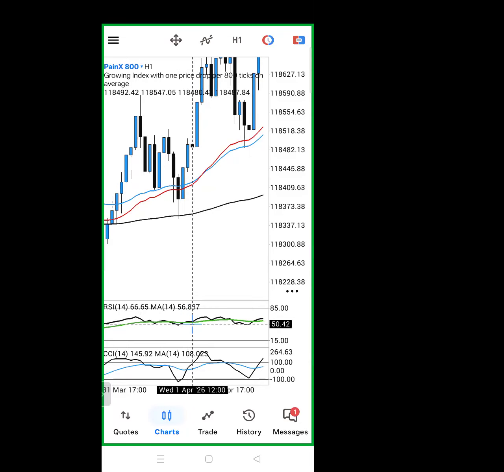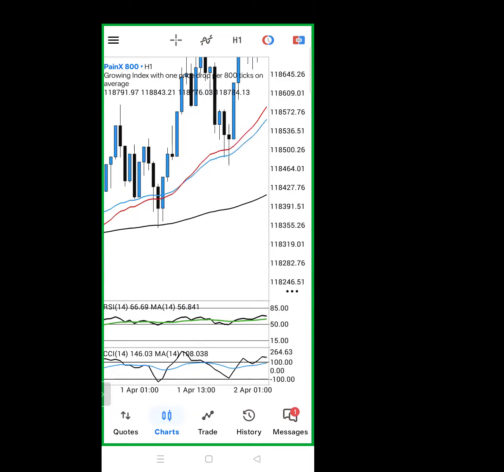So can you see that here the market is already above the 50 level and even the RSI has crossed, because when you look at when this candle engulfed, the RSI is above the moving average. So this is enough confirmation for you to enter this trade.